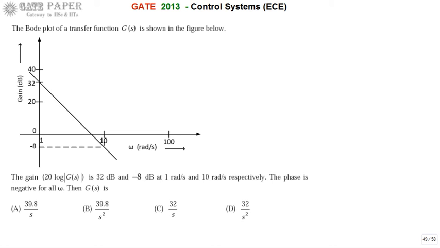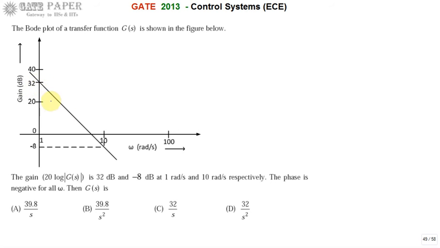Find the G(s) value. If you observe, the Bode plot is a single straight line with a slope. Slope can be calculated by dy by dx, that is (y2 minus y1) by (x2 minus x1).